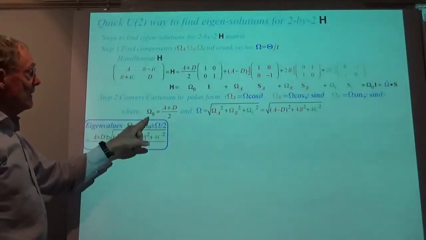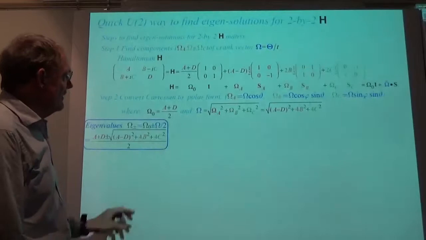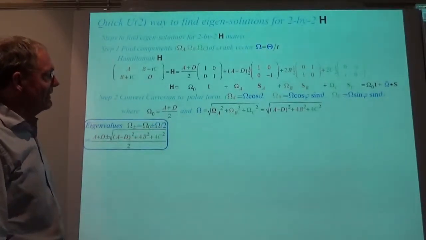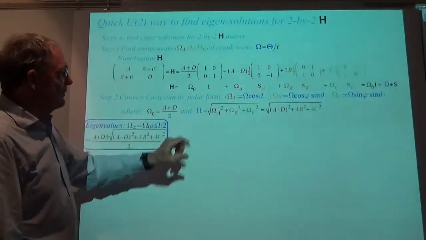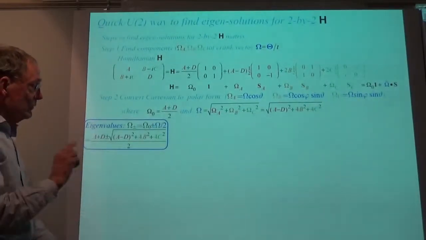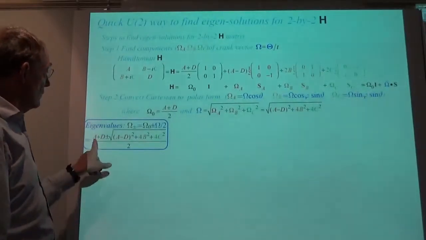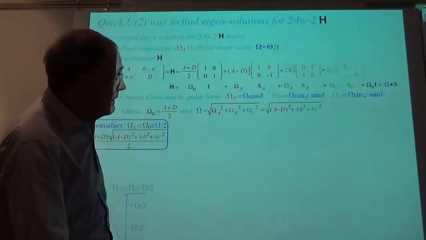It's the overall frequency, we call it dynamical phase, and then plus or minus this, that will be different for the two states. That's what's going to be spin up versus spin down, basically. So there are the eigenvalues.